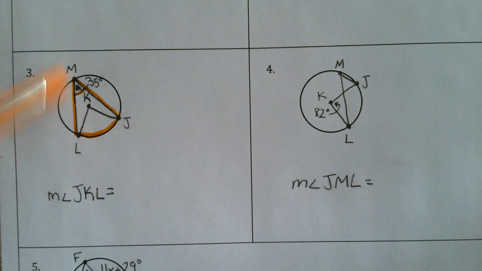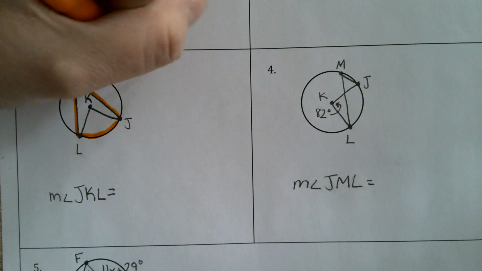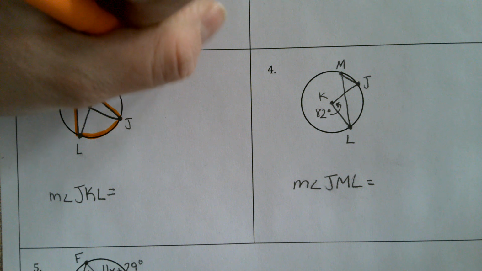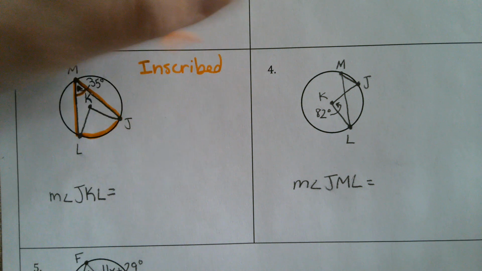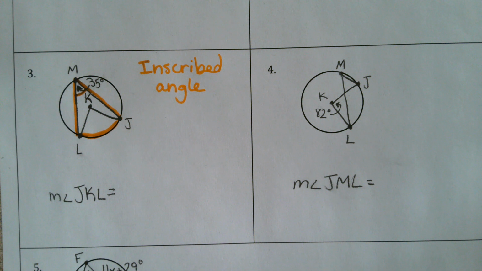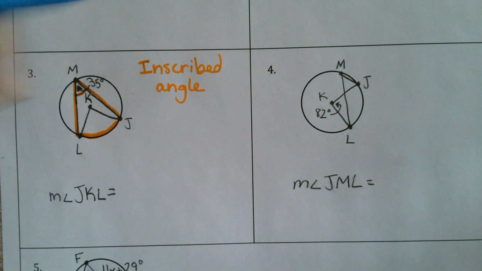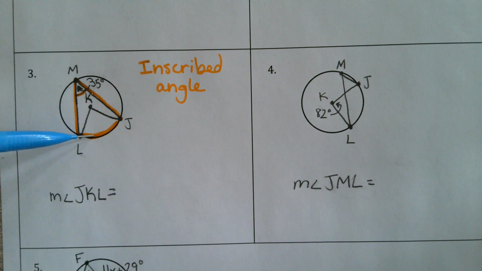So, this angle, we look for the vertex, which is M. It's on the circle. That makes this one an inscribed angle. And since it's inscribed, again, the angle is half of the arc.